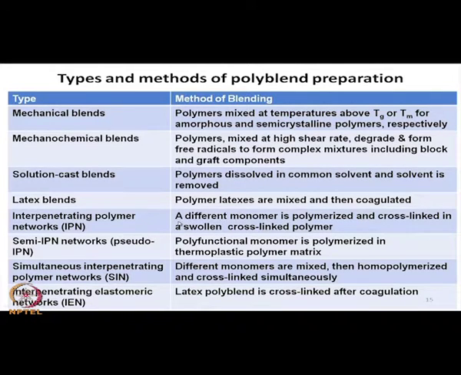This is a case where a different monomer is polymerized and cross-linked in a solvent cross-linked polymer. So, we can have a polymer 1 which is already cross-linked, then that is put in a solvent or in a liquid phase of monomer of the second polymer, which will swell the first cross-linked polymer.